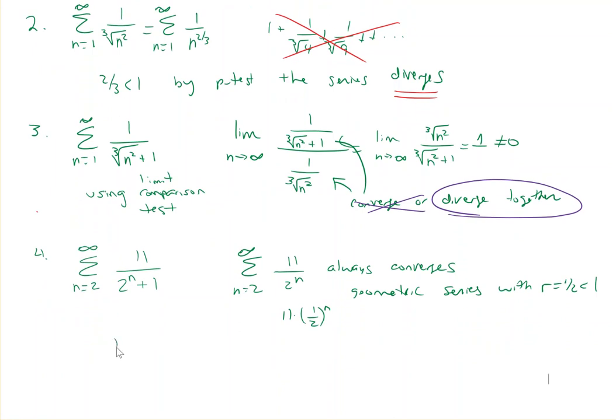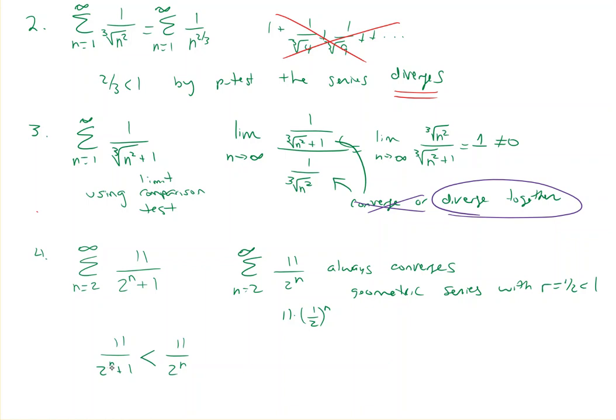And now we can think about this guy. Well, this denominator on the left is bigger than the denominator on the right. If this denominator on the left is bigger, that means the overall fraction is going to be smaller. And this is true for all n, right?